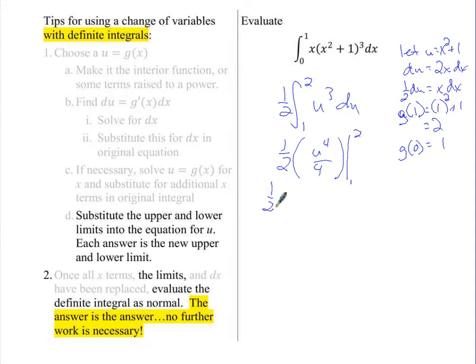So that's going to be 1/2 times 2 to the 4th, 2, 4, 8, 16, over 4, which is 4, minus 1/4. So 4 minus 1/4 is 15/4 times 1/2, 15/8.